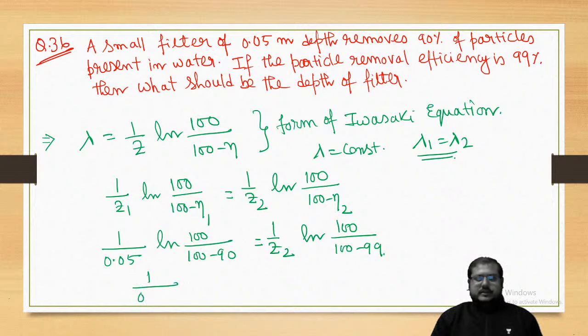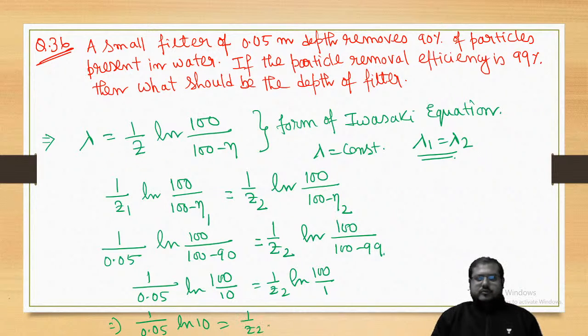So 1 by 0.05 ln 100 by 10 is equal to 1 by z2 ln 100 by 1. It's ln 10 and ln 100. 1 by 0.05 ln 10 is equal to 1 by z2 ln 100.